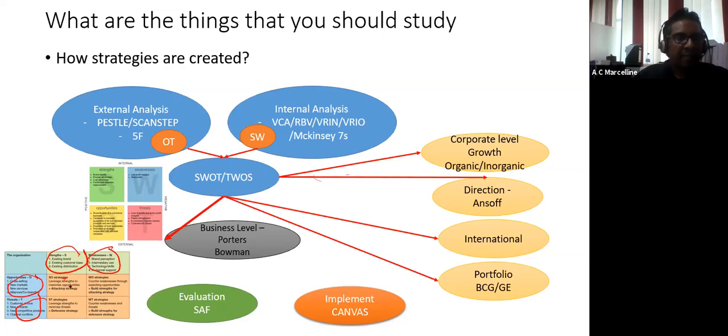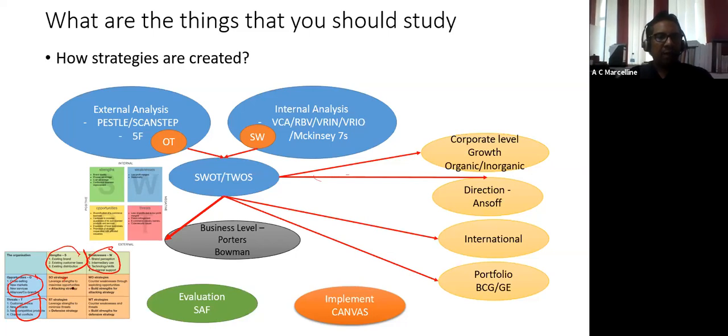Then how do you create the strategy? Now you need to learn to be more creative. I always challenge people to be more creative when they are looking at it, because different people with different perspectives would have different options to create strategies on. So that's very important.